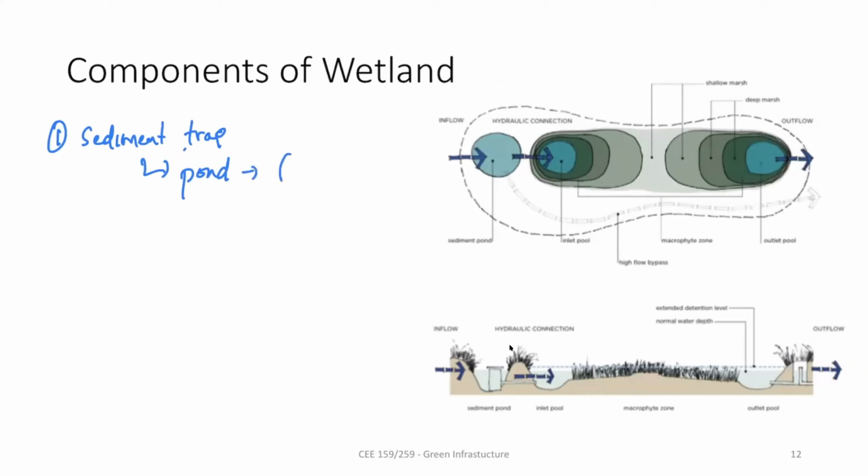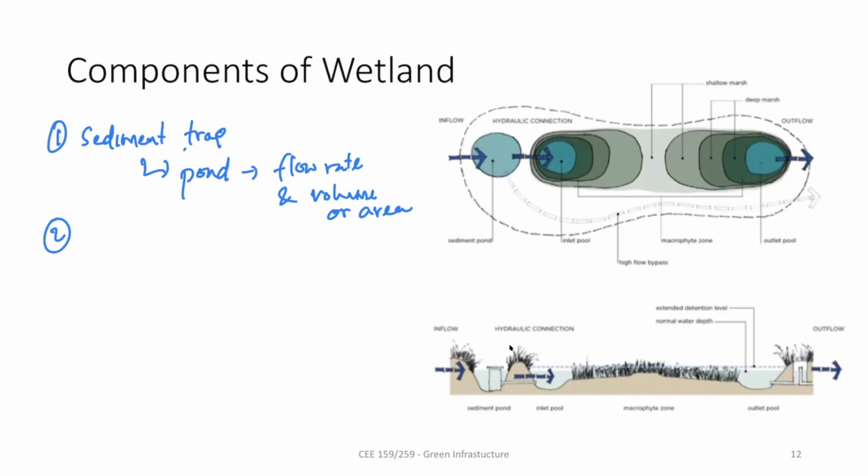You basically control the flow rate and volume or area. Usually you don't need to have any plants there, though sometimes you do. Plants also serve a function to trap some sediments because they retard the velocity.